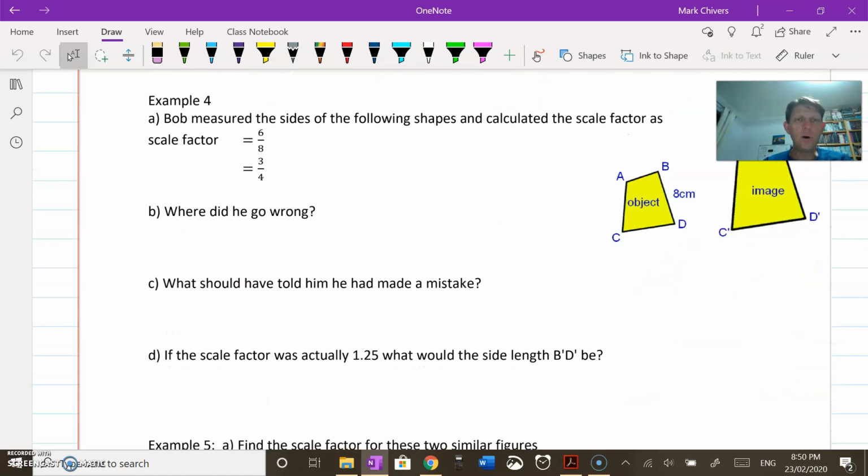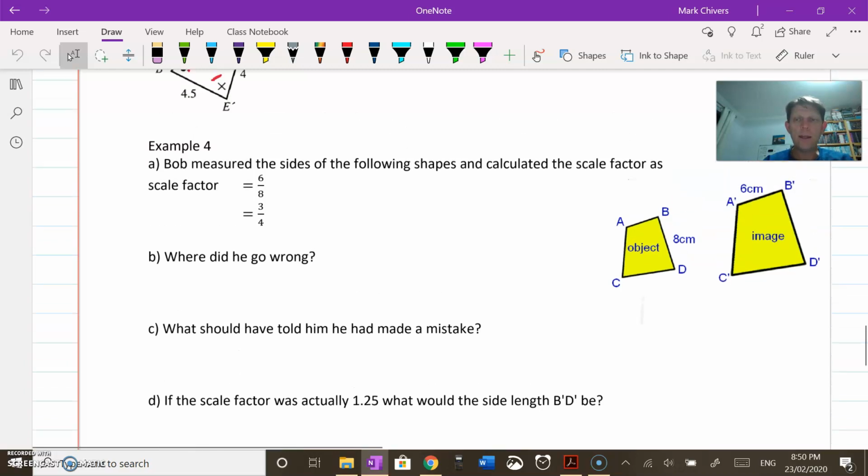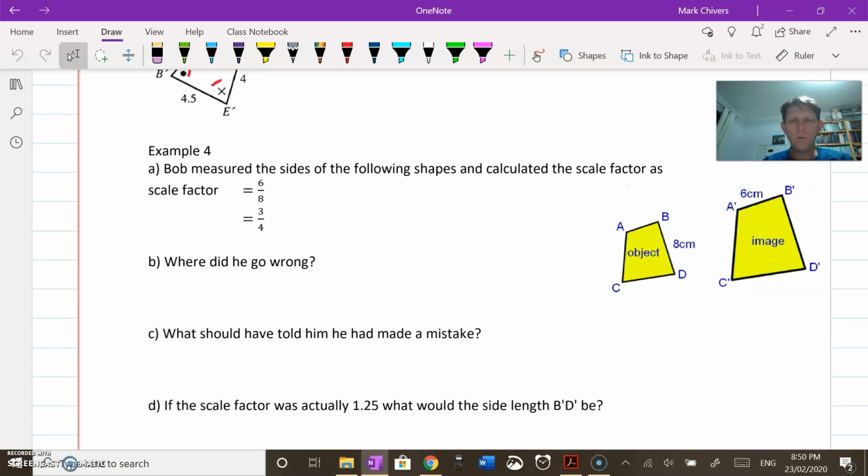So example 4, Bob measured the sides of the following shapes and calculated the scale factor as 6/8 and therefore 3/4. Where did he go wrong? Well, let's just think about it. If we worked out the scale factor, that's going to be our image over our object. There's a problem, isn't it?